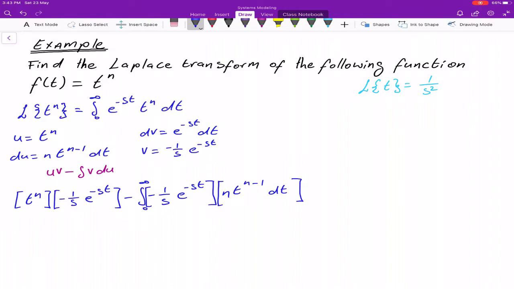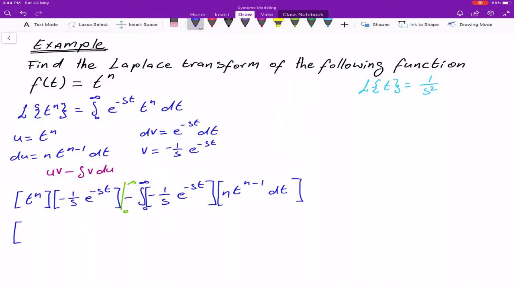Now we can evaluate this between 0 and infinity. Let's write it out first so that we can see where things are coming from. Here I think I forgot a negative. Did we have a negative? No, it's fine.